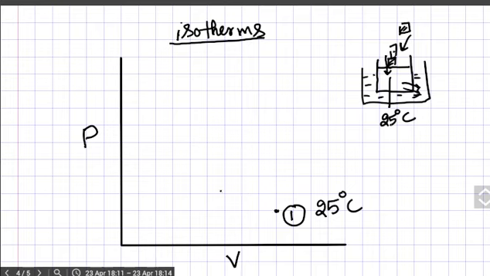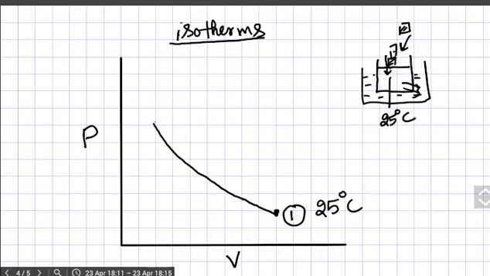So how you will show that path on this graph? I am telling you that this path goes like this, or you can say the path goes like this.